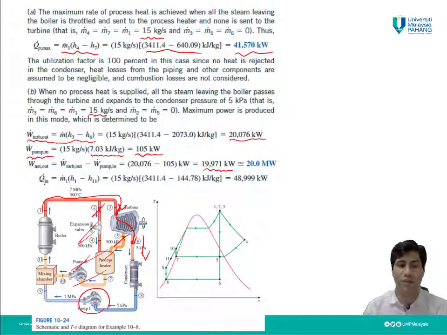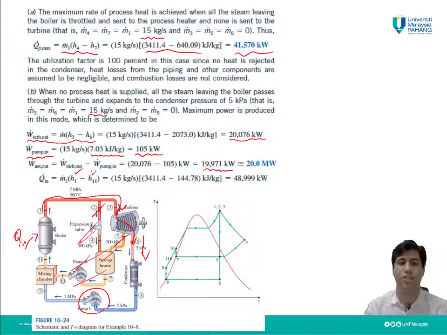And Q dot in this cycle is in the boiler. How can we calculate that? Again, simply the mass flow rate of the working fluid through the boiler times the change in the enthalpy of the working fluid in the boiler, which is h1 minus h11 times m dot 1.